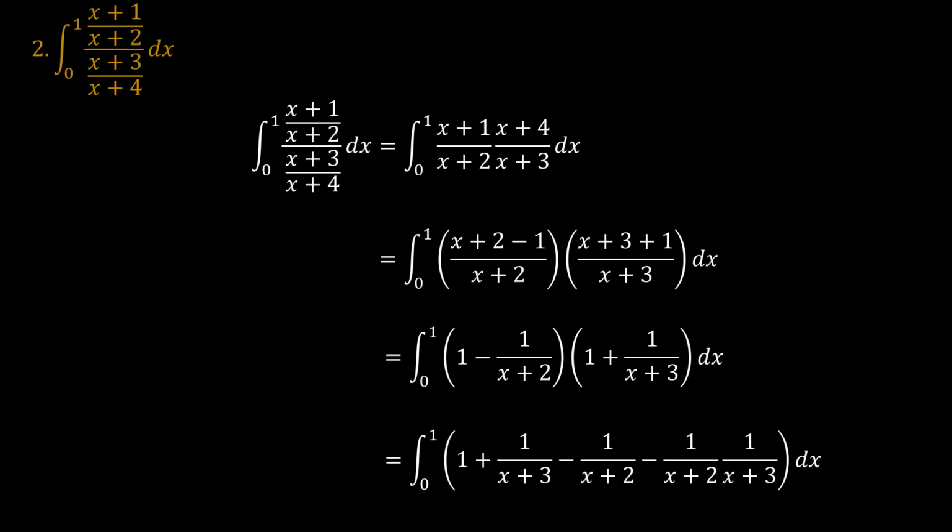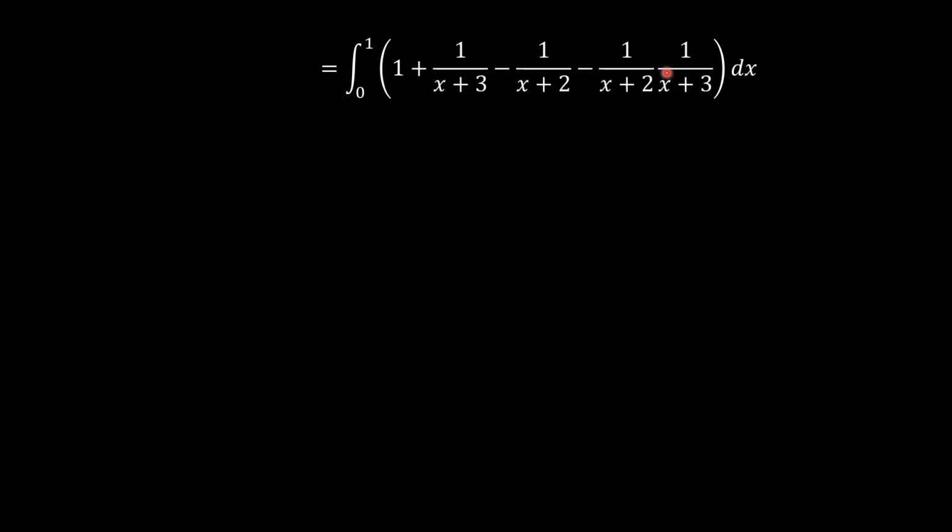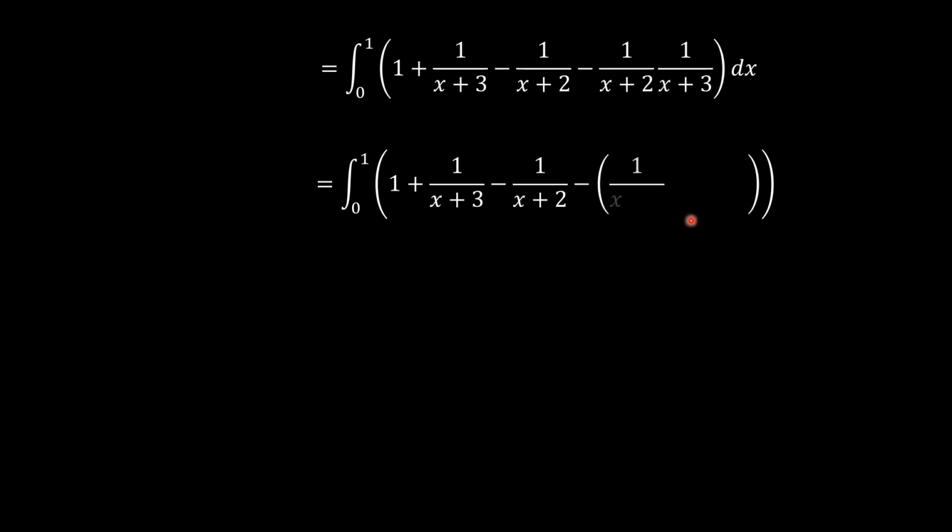Now, the next thing is to express this final product into partial fractions, which is the same as 1 over x plus 2 minus 1 over x plus 3, so that when you combine, it becomes x plus 3 minus x plus 2, and you remain with 1 at the top. So then we distribute and collect like terms.